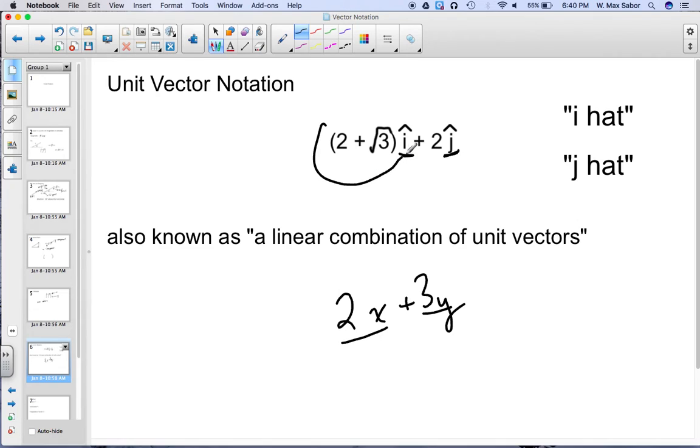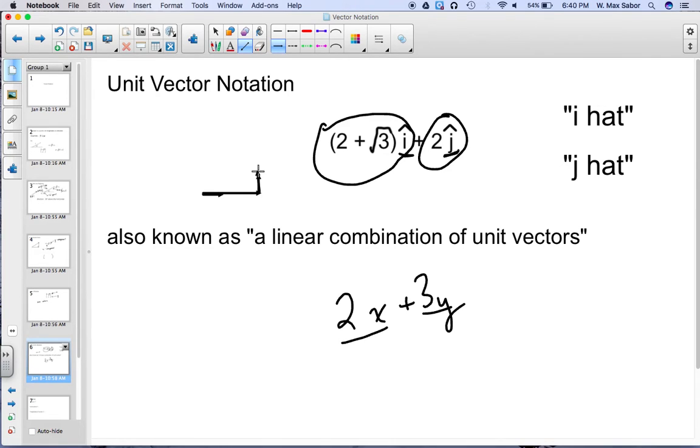So essentially what this is saying is this is the x component, this is the y component. It's like saying that we have a unit vector, so a vector whose magnitude is 1, and it's being multiplied by this 2 plus square root of 3 to become however long it needs to be. And then the unit vector of j is in the y direction.